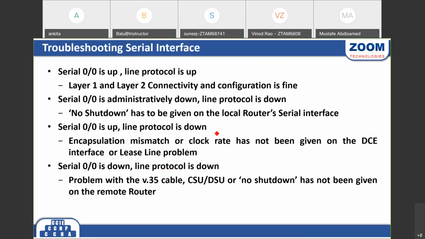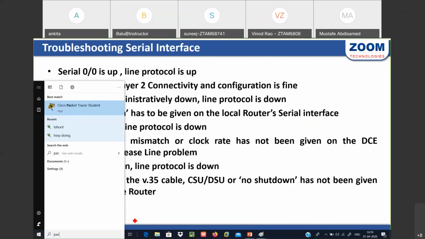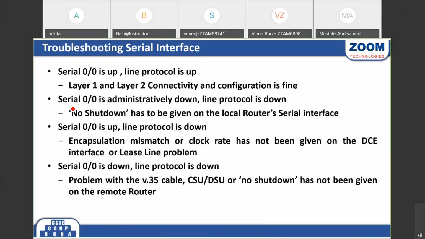Let me design one topology. I'll show you the complete design now in Cisco Packet Tracer software. So try to concentrate on the design. A new topology I'm going to draw here.